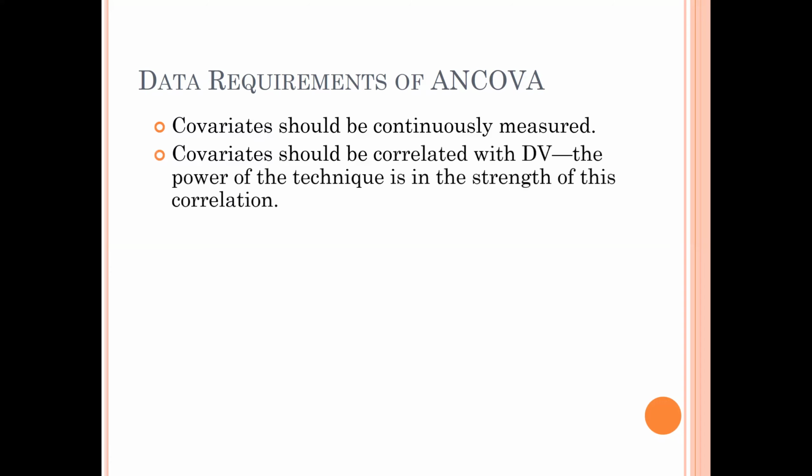The covariate should be correlated with the dependent variable. This is the power of the technique: what I often say is that your covariate is trying to suck up extraneous or error variance in the dependent variable, and it won't do that effectively if it's uncorrelated. And your covariates should be uncorrelated with the independent variables, or they will diminish the effects of the independent variables on the dependent variable.